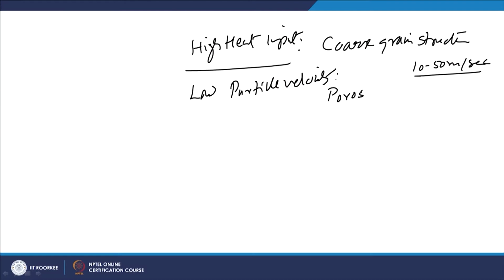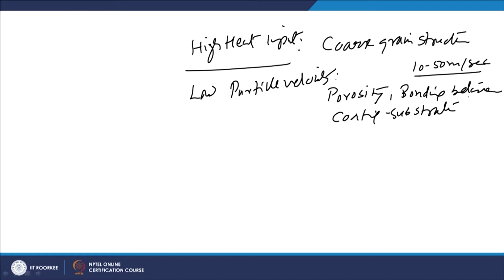Such a low velocity leads to the presence of porosity and poor bonding between the coating and substrate. So, porosity, poor bonding between the coating and substrate, and coarse grain structure.